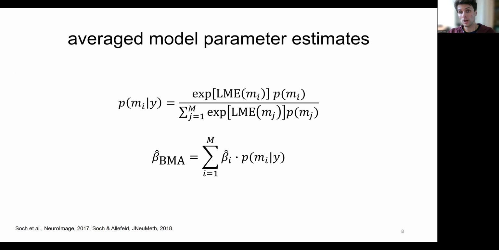The average model parameter estimates are then calculated as a weighted sum over the estimates from all the individual models i, where the weighting coefficients are just the posterior model probabilities. So in this way, we are accounting for uncertainty about the modeling approach, and models which are more likely a posteriori contribute stronger to the final parameters, which supposedly makes them more precise.